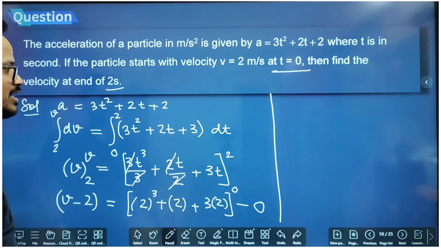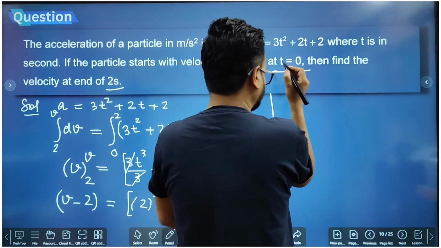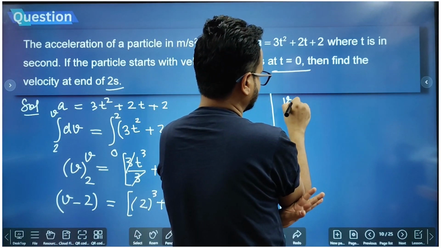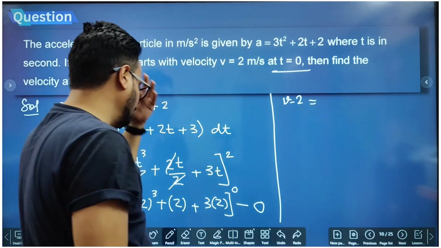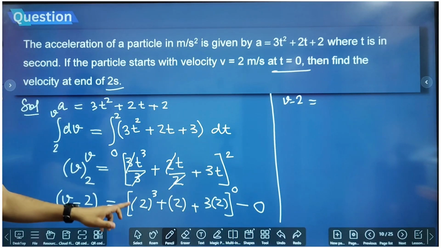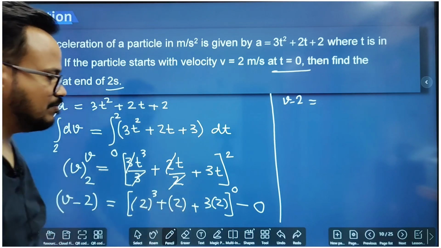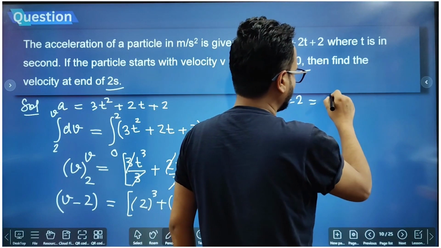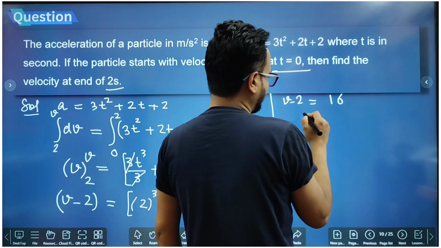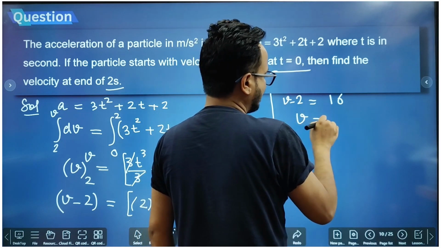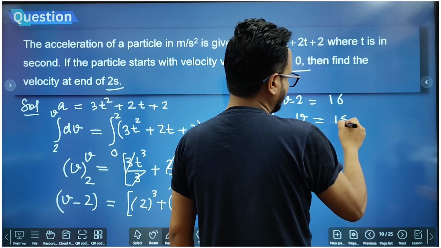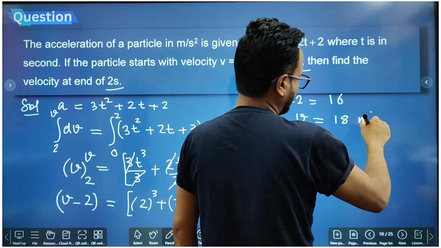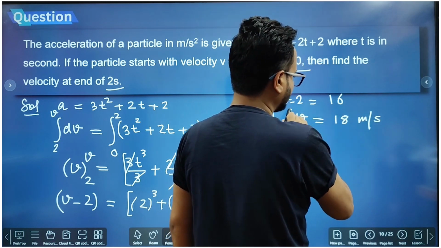Okay, so v minus 2 equal to 8 plus 2, 10, 10 plus 6, 16. So what is v? v is 16 plus 2, that is 18 meter per second.